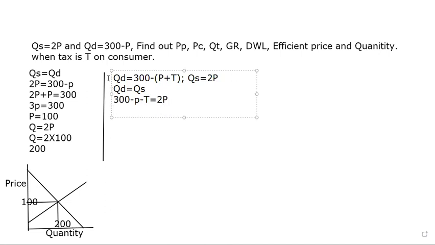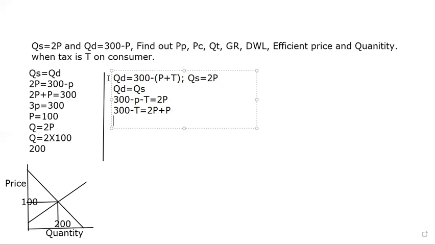Now we can move the terms to one side: 300 minus T minus 2P minus P gives us 0.